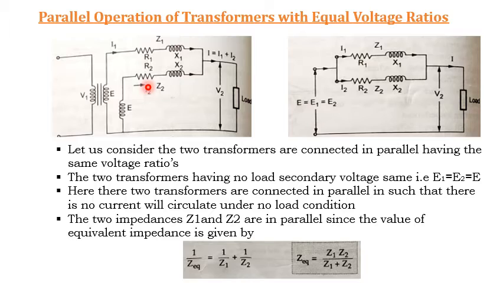When the two transformers are under no load, the secondary voltages are the same. If the load is not applied at all, the secondary voltages are the same, that is E1 is equal to E2 is equal to E. Again we consider the equivalent circuit diagram, where E is equal to E1 is equal to E2.